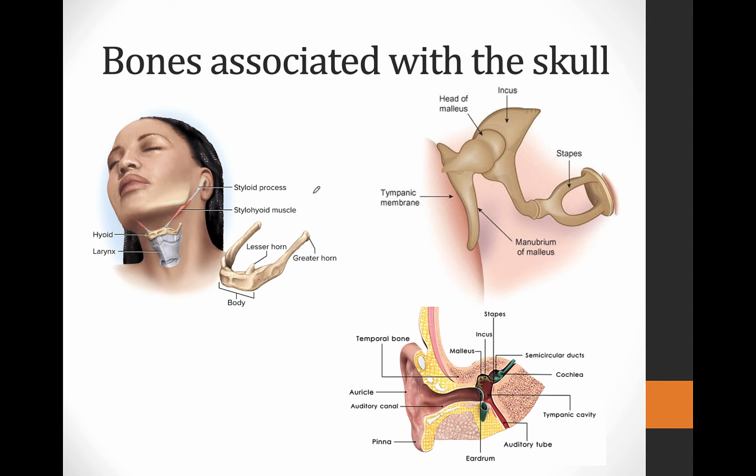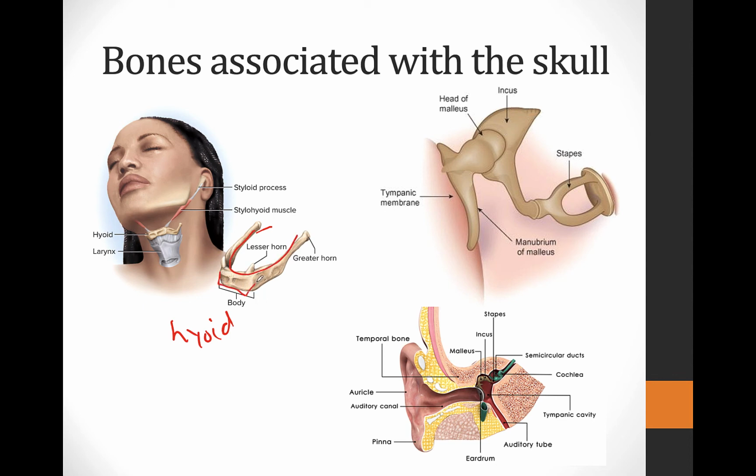There are a few bones that are associated with the skull that aren't actually in the skull. So the first is the hyoid bone. If you feel your trachea right on your neck and then go all the way up, you probably won't even feel it, but you can feel the cartilage of your trachea, and that's held up by this hyoid bone, which makes kind of a U-shape here.